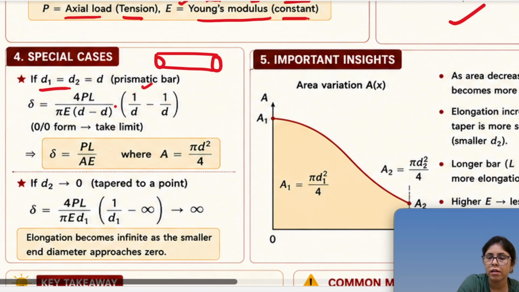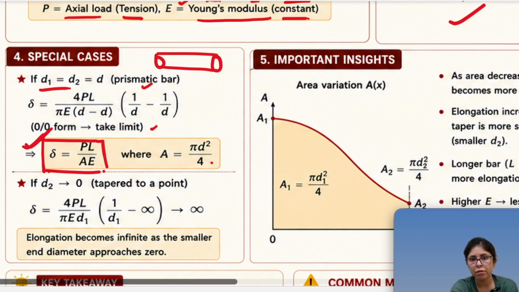And if I take the limit, it comes out to be PL upon AE, and A is your pi d square upon 4. So if it becomes 0, that means a prismatic or uniform bar, for that we already calculated, it comes out to be the same deformation that we calculated, right?